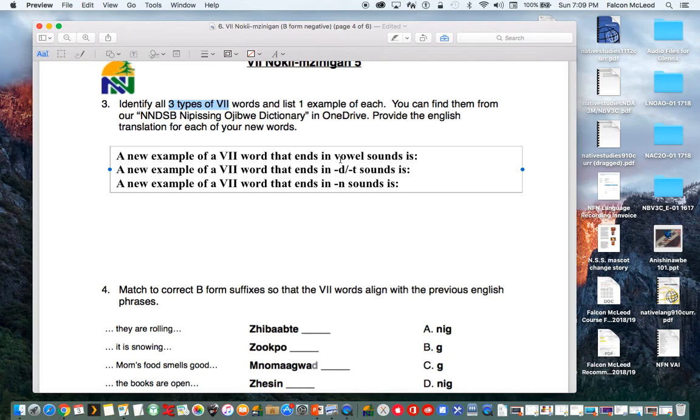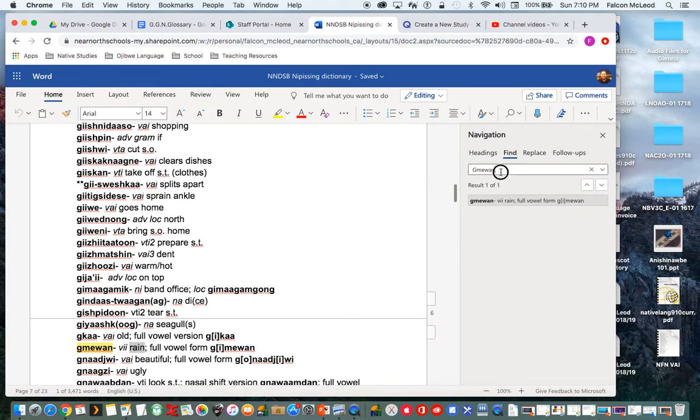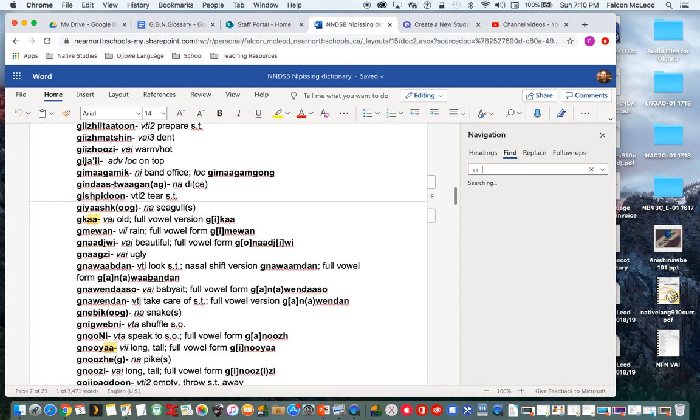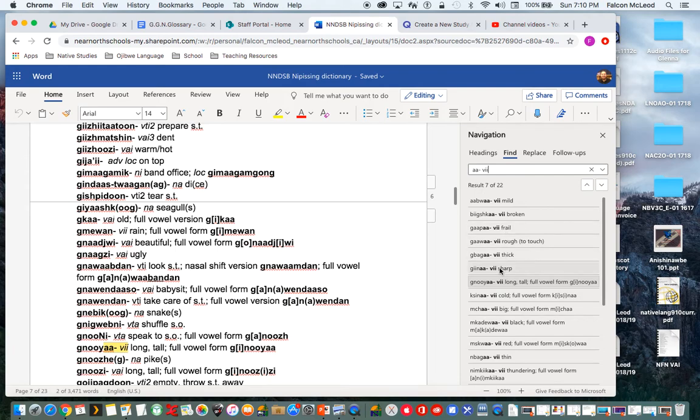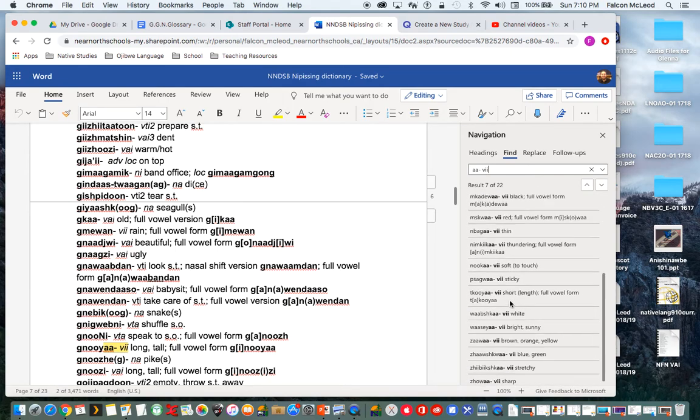All right, so VI words that end in vowel sounds, we can look that up in the dictionary. So again, you can just type in maybe AA, that's a popular one. So you're going to have all these AAs highlighted. So you're going to hit dash space VII. And so you have all these different examples here.